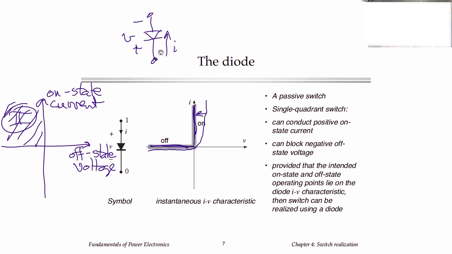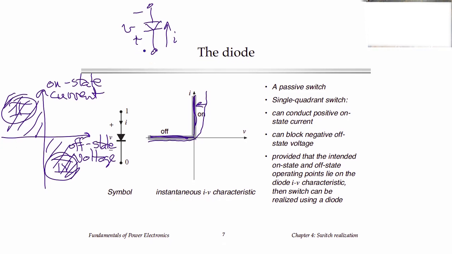And if we did that, we would find that the diode would operate in the fourth quadrant instead of the second. So if we do our analysis of the converter and see the applied voltages and currents on our switch, and it turns out to be in this fourth quadrant, then we know we need to connect a diode in the opposite direction to realize the switch.